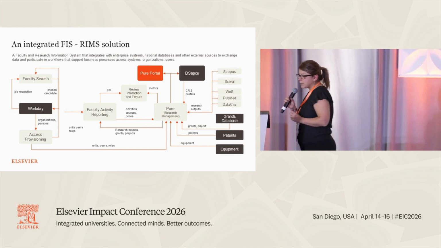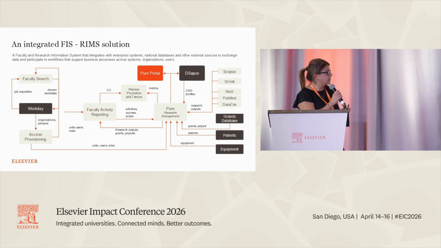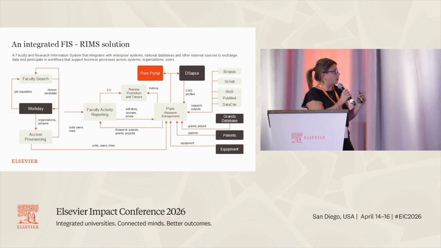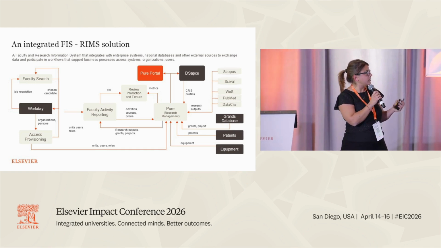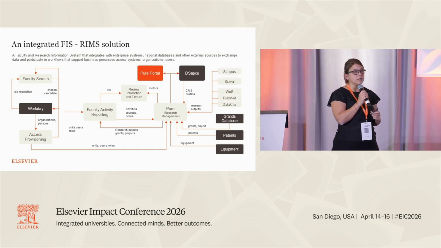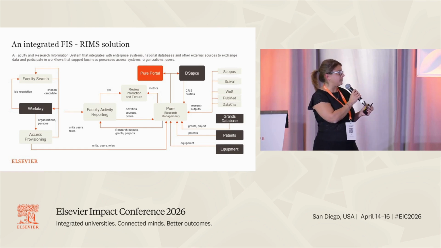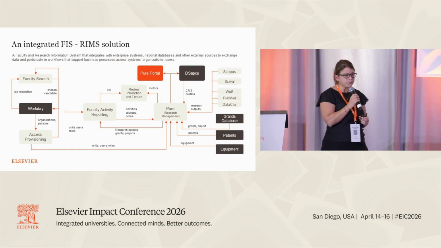Getting back to the example, in this case we are building an integrated FIS-RIM solution. FIS is a faculty information system, and RIMS is a research information management system, so in practice, FAR and Pure.